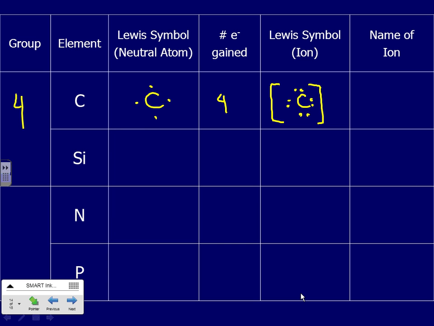What's the charge if we've gained 4 electrons? Negative how many? How many electrons did we gain? Negative 4. It started with 4, now it's got 8, it's only gained 4, negative 4. You're not just counting the dots, right? You're counting how much it's gained. Negative 4. Yeah, very good. It's a carbide ion.